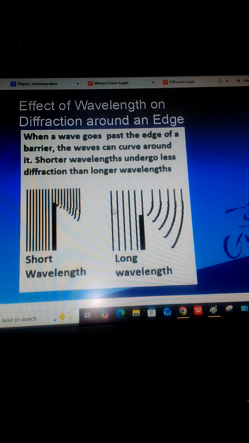So this is what we are trying to put across, the effect of wavelength on diffraction around an edge. Shorter wavelengths undergo less diffraction or less spreading, and longer wavelengths experience pronounced diffraction or spreading when they encounter the edge of a barrier, like in this diagram, right?